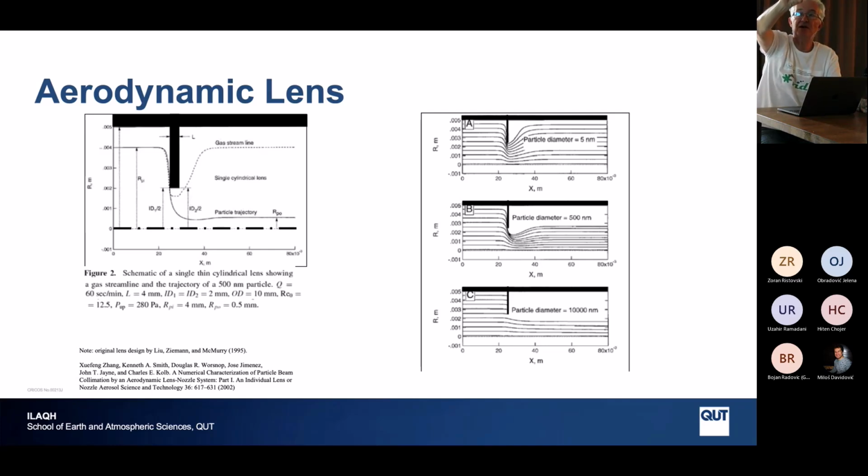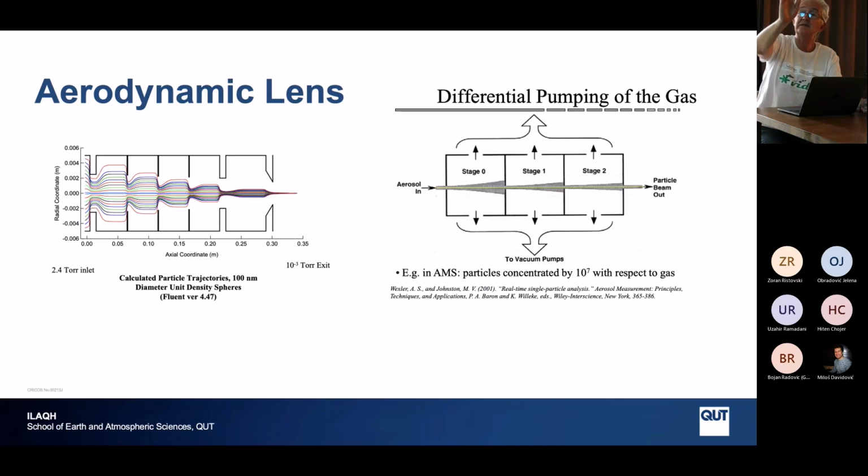So by putting a collimated opening in front of them, you narrow the particle beam. After each of these obstacles, you have a certain pressure drop, so the pressure on the right-hand side is smaller than on the left-hand side. You make several of these obstacles, and after passing through each one, your particles get collimated into a narrower and narrower beam, while the pressure drops more and more as you go from left to right.